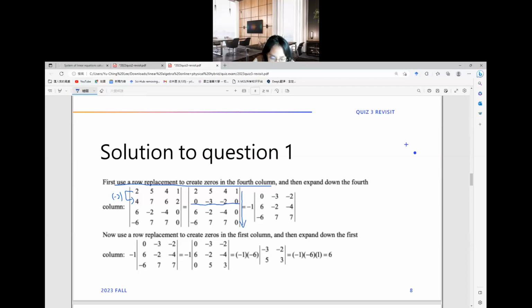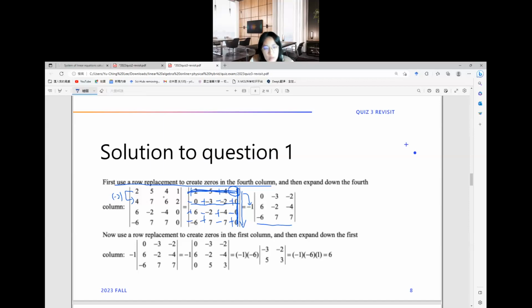Remember that I have a checkerboard pattern, so it's plus minus plus minus, minus plus minus plus, and then plus minus plus minus, and then this is a minus plus minus plus. So therefore, in front of 1, the sign is a minus, right? And then the 3 by 3 matrix was obtained by crossing out, eliminating the column and the row. Okay, and the 3 by 3 matrix becomes this one.